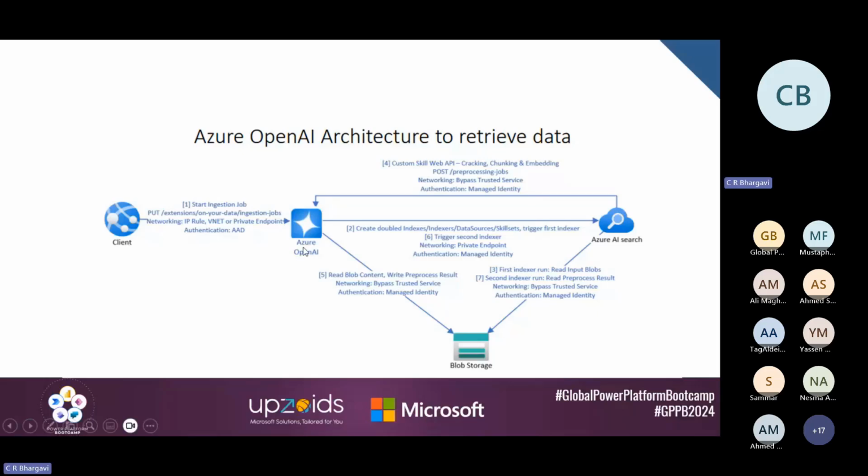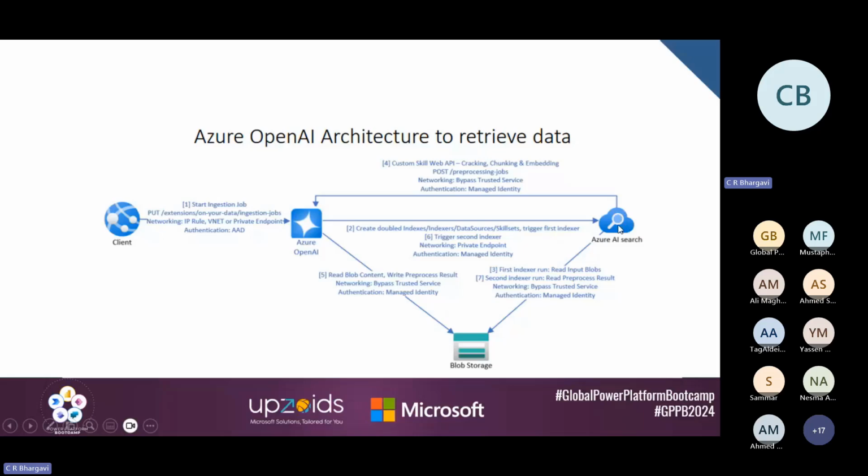Whenever the job hits the Azure OpenAI, it would be checking with the help of the Azure AI search, which has cognitive search implemented as well, which will be identifying with the help of the indexes and skill set or the various kinds of indexes to the Azure AI search.